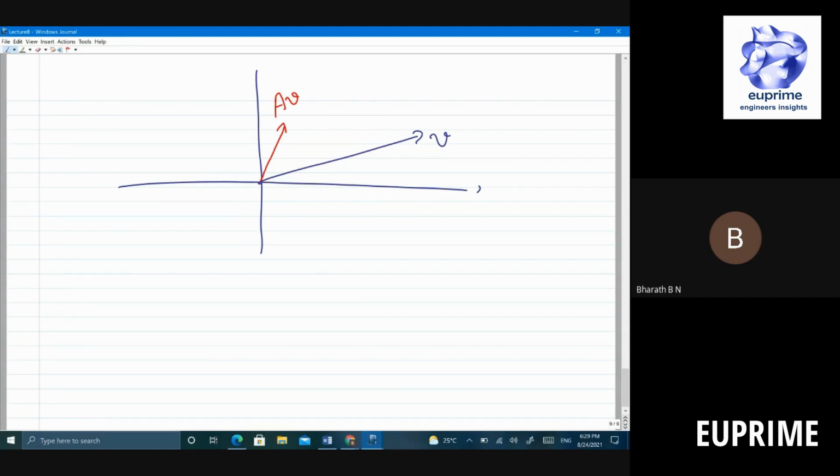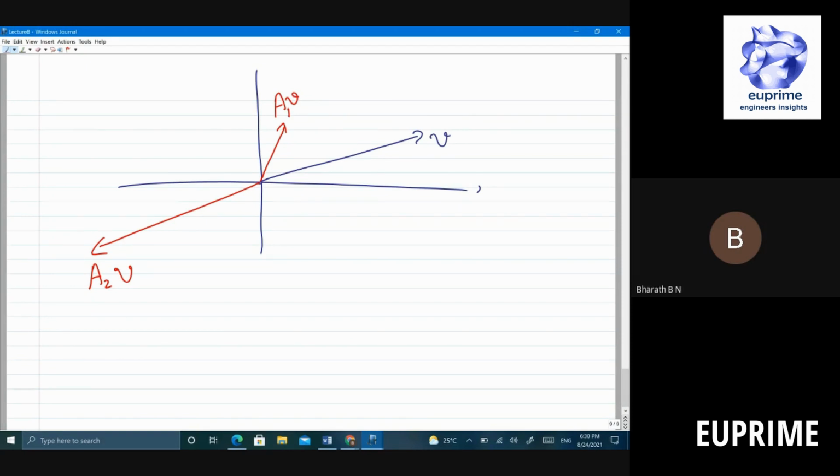For example, let me call this A1, but if you operate A2, A2 will do this on the vector. It rotated by a large amount, and not only that, it increased the length also. That's how I can think of it.